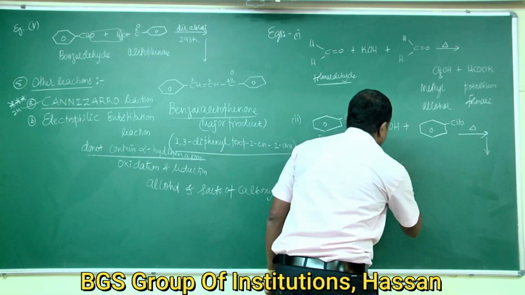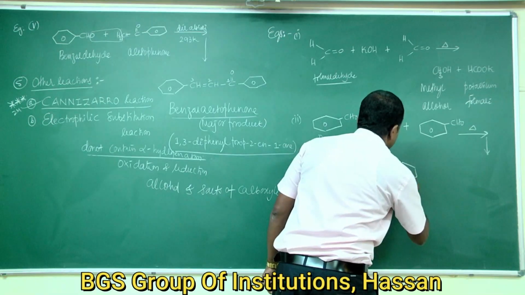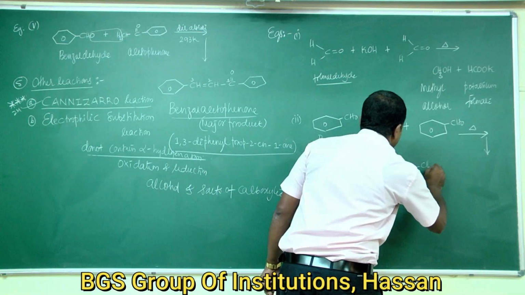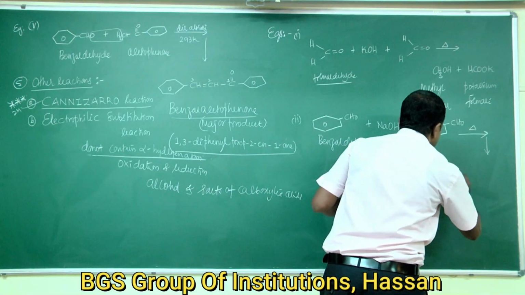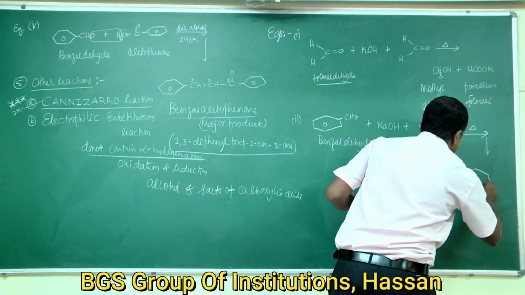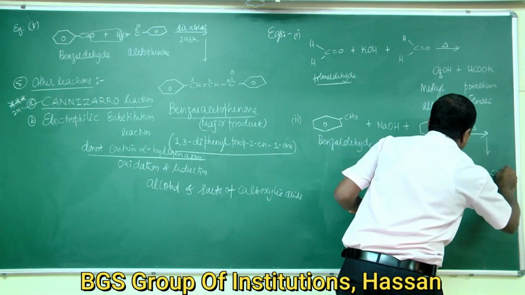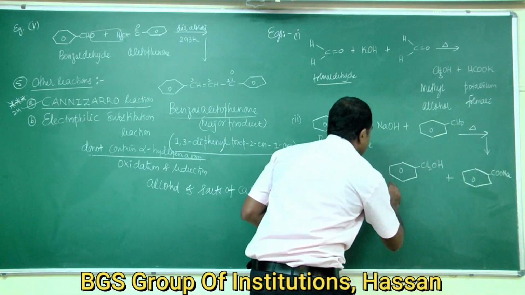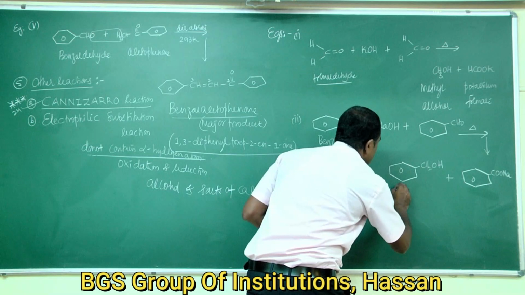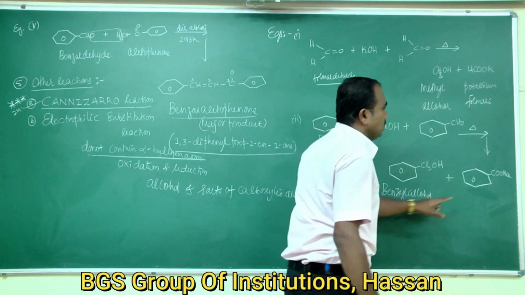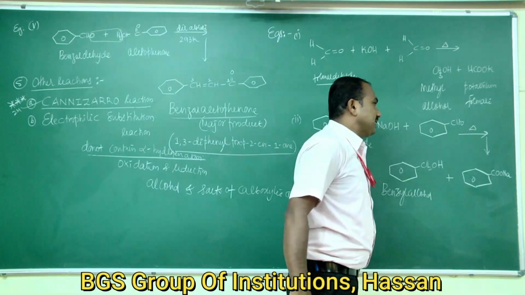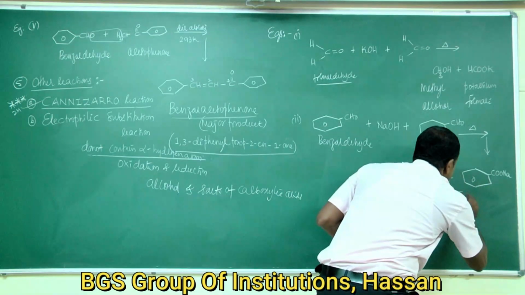So we get the products: benzene ring connected to CH2OH, this is benzyl alcohol, and another one, benzene ring connected to COONa. This is the sodium salt of benzoic acid, called sodium benzoate.